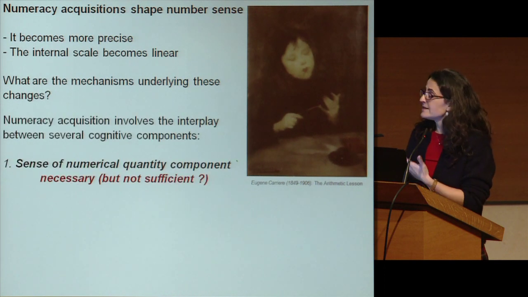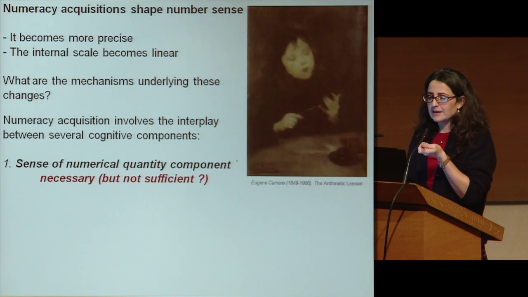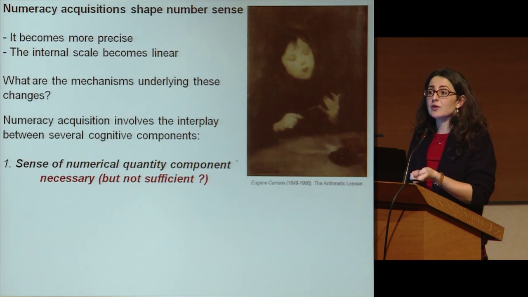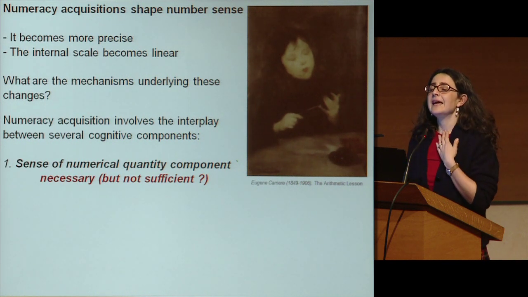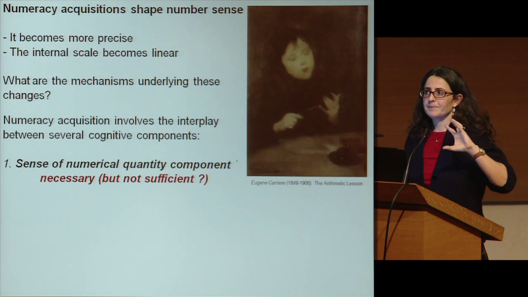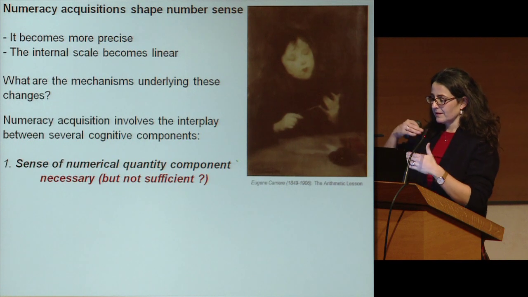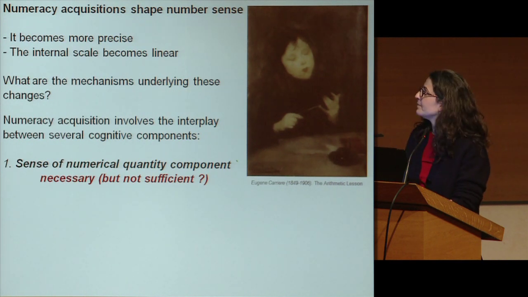One way to ask this question is to ask what are the cognitive components that are crucially involved when children learn counting and symbols for number and symbolic arithmetic. It seems to be the case that there are at least three systems that are interrelated in this initial learning process.